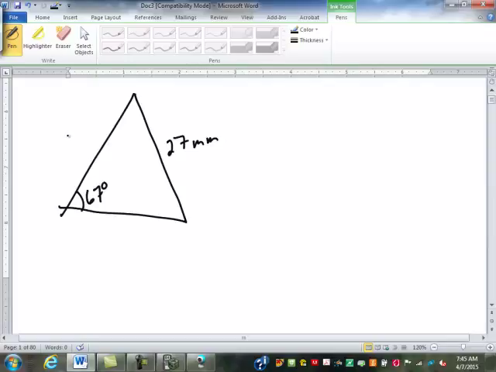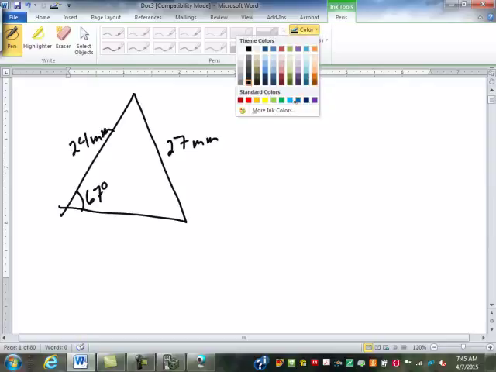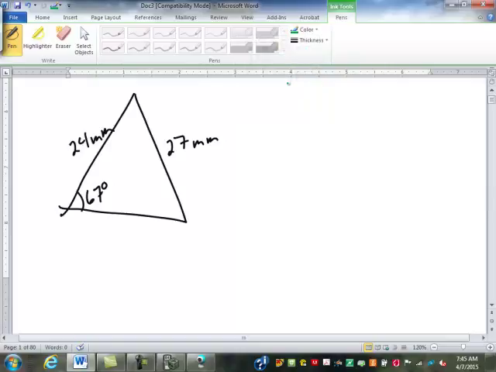So that's 27 millimeters, and this is 24 millimeters. If I'm given 2 sides and 1 angle, there is a chance that I can't use the law of sines. Can I use the law of sines here? Yes, because I have a side and an angle opposite it.